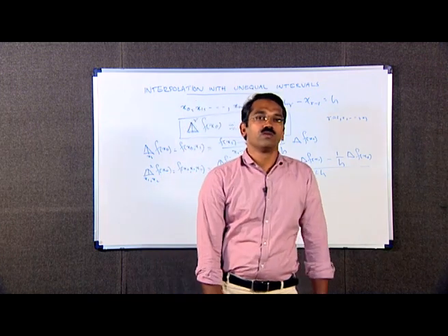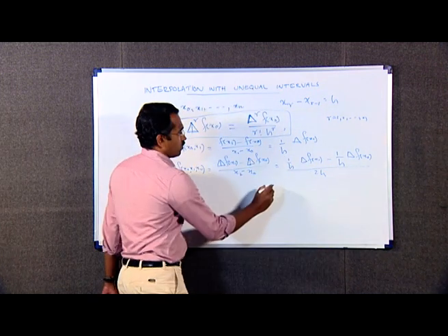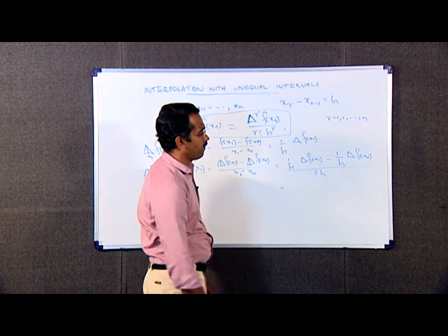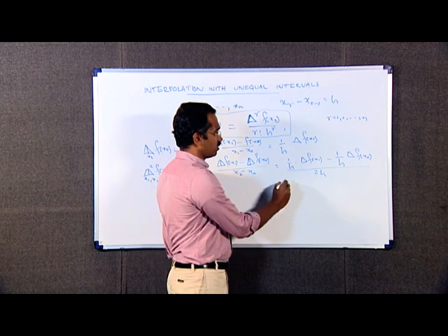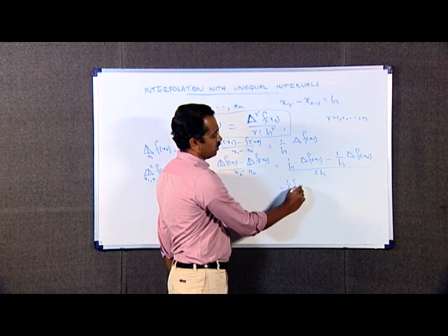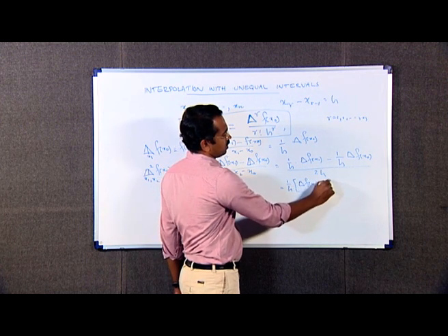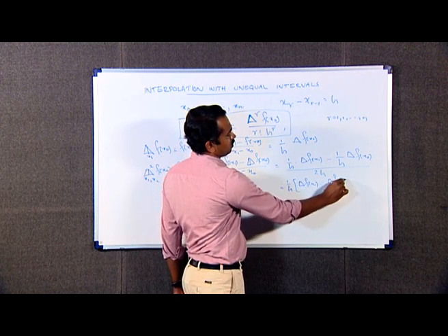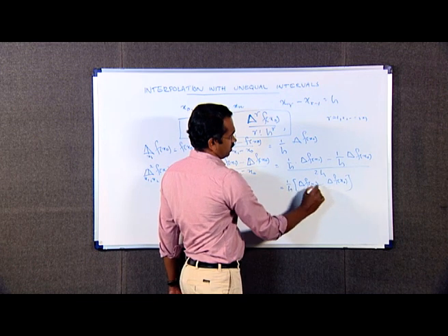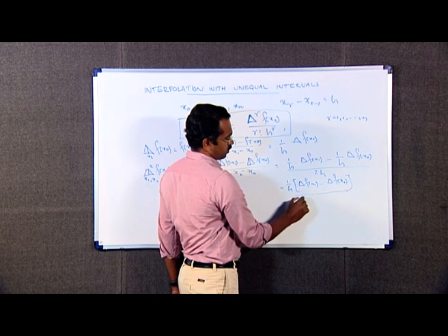Which is equal to, here 1 by h is common, 1 by h into delta f of x1 minus delta f of x0 divided by 2h.